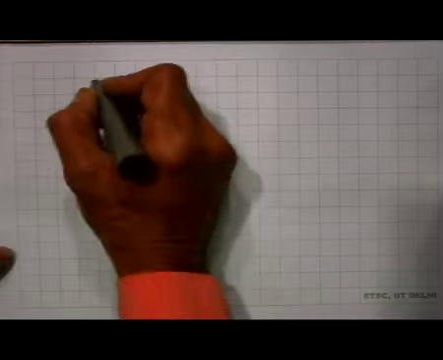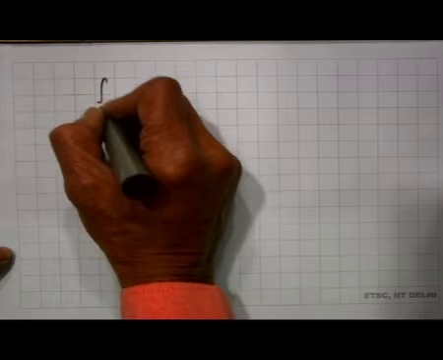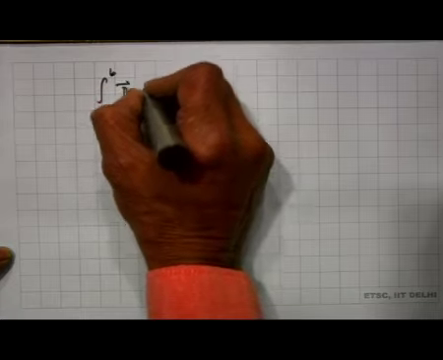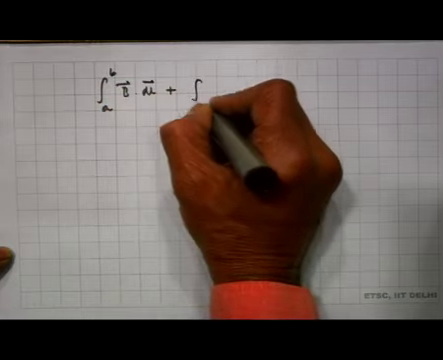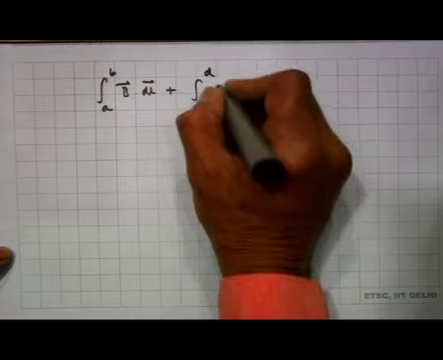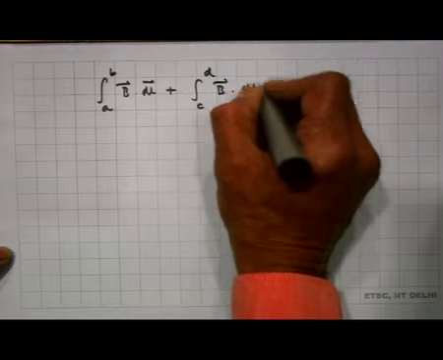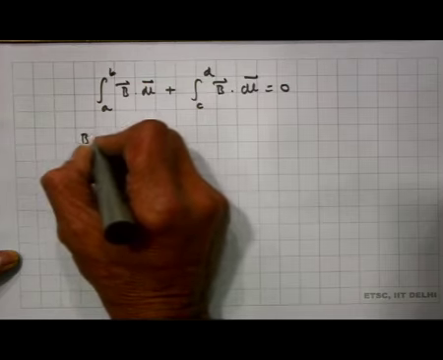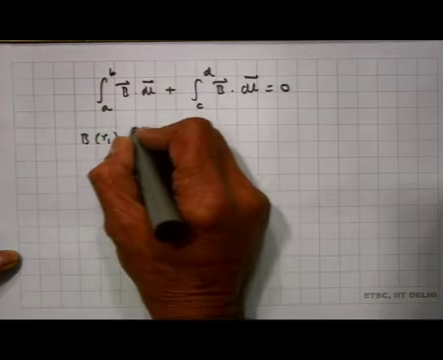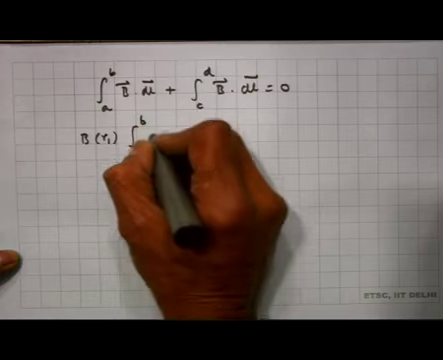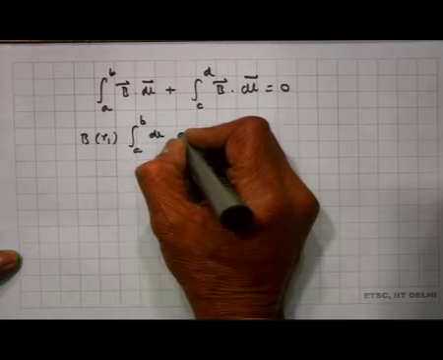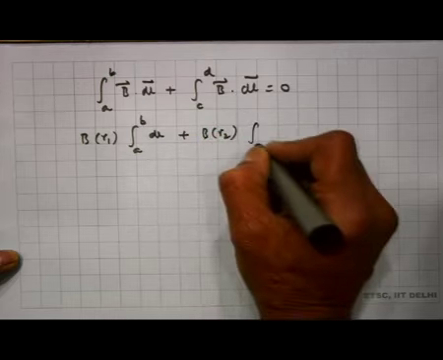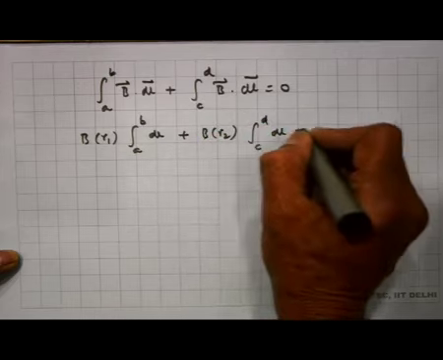So, what I get is essentially integral A to B B dot dl plus integral C to D B dot dl is equal to 0, and this tells me B at r1 into integral A to B dl plus B at r2 integral C to D dl must be equal to 0.